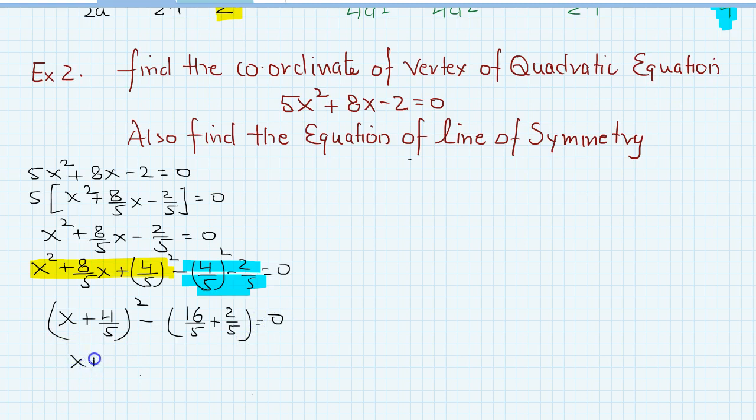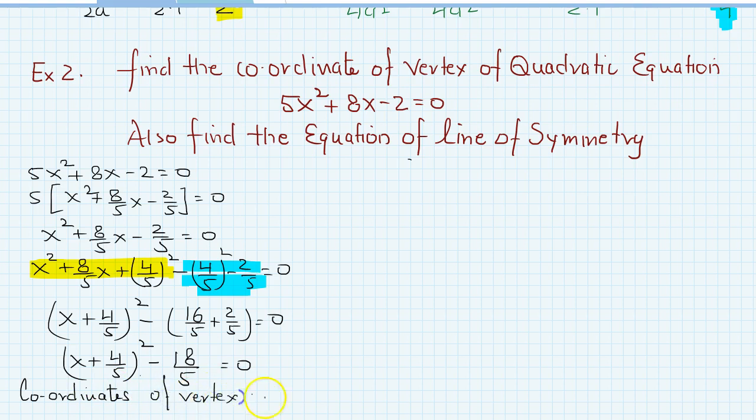So that is (x plus 4 over 5) square minus 18 over 5. So the coordinate of vertex will be negative 4 over 5 and negative 18 over 5.